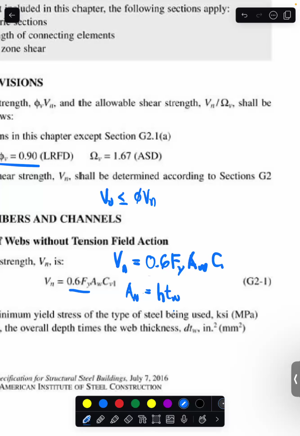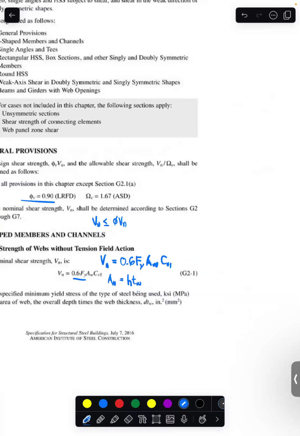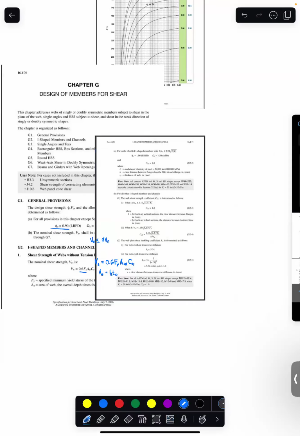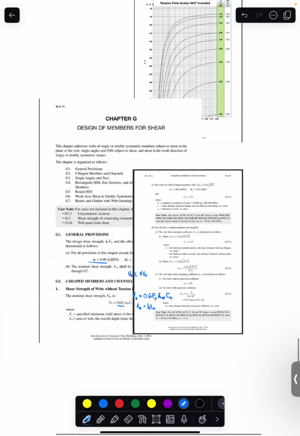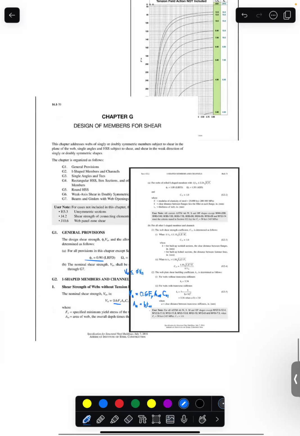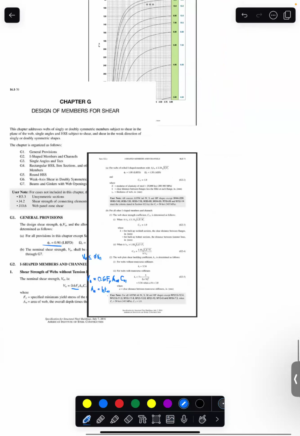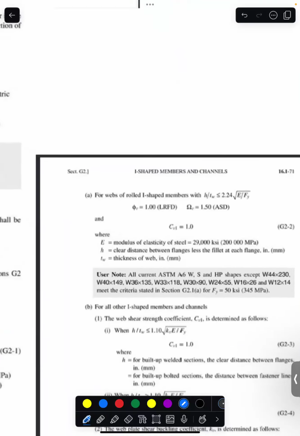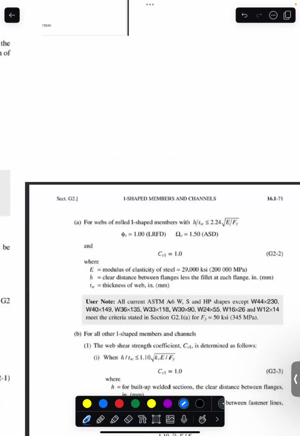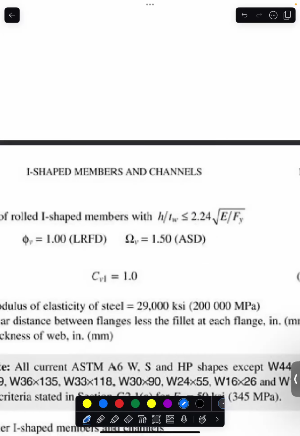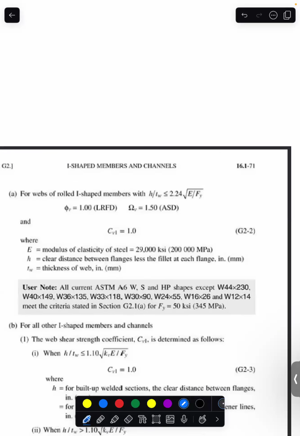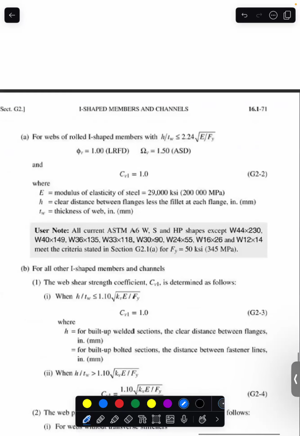Tapos, meron kang C sub V1. Ito ay depende kung meron kang additional na actions pang nangyayari. So, if hot rolled na, on which yung limiting width to thickness ratio mo ay yung width to thickness ratio is less than this 2.24 square root of E over F sub Y, well, it's safe to say na yung C sub V na yon is equals to 1.